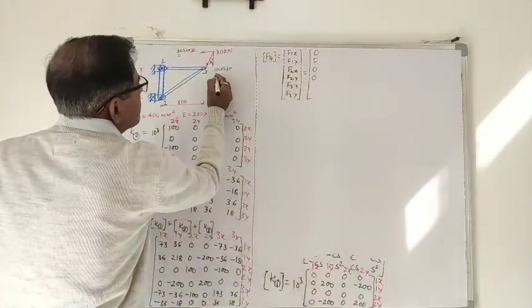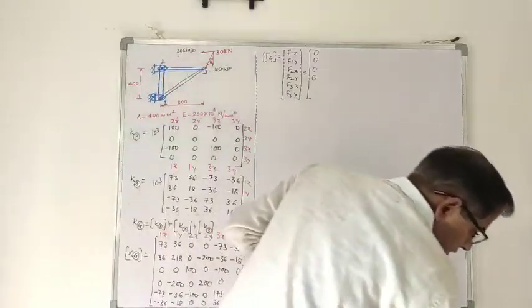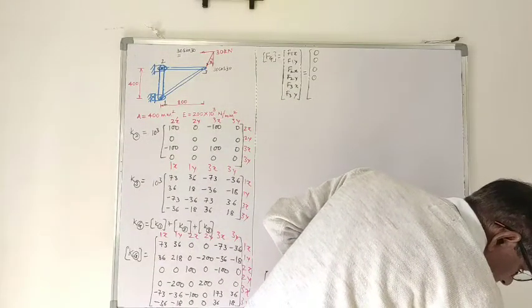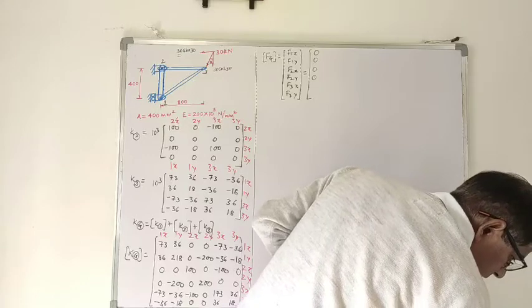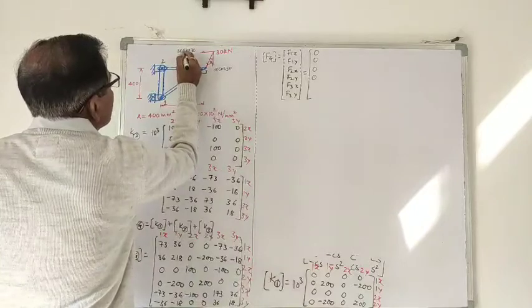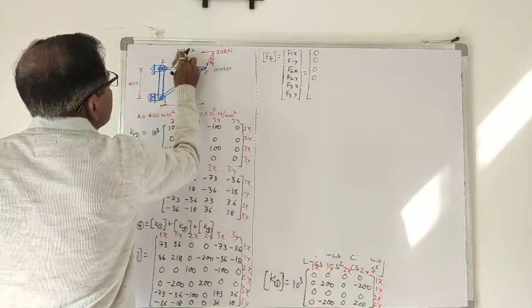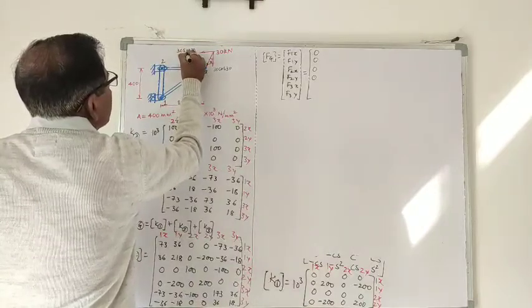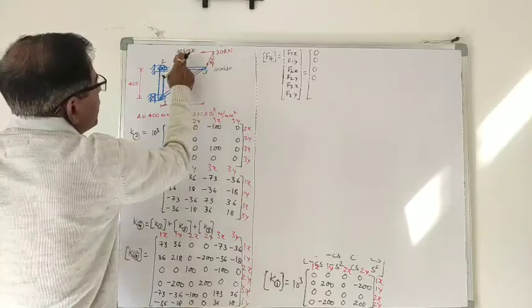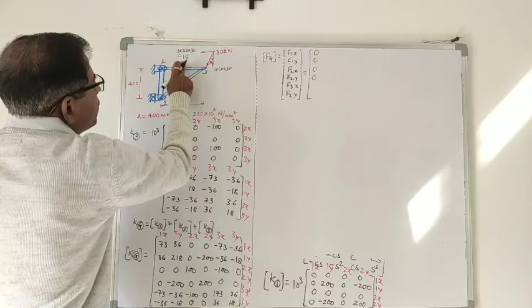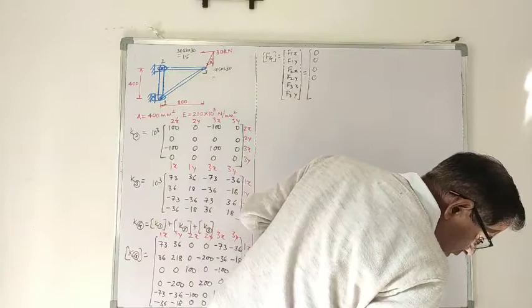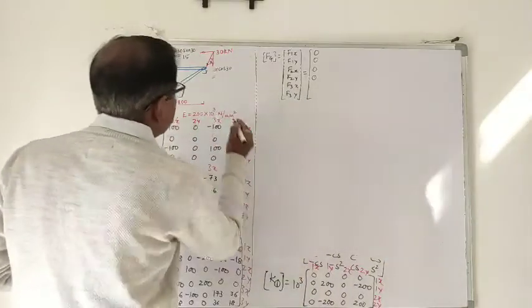Sin 30 is 0.5, so 30 into 0.5 is 15, and 30 cos 30 comes out to be 26.